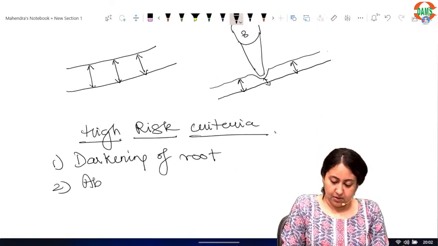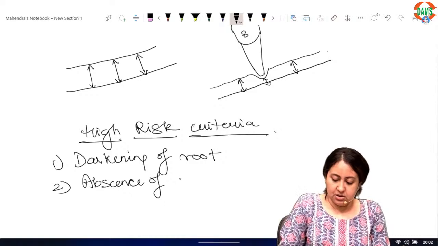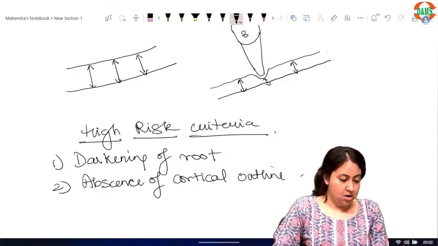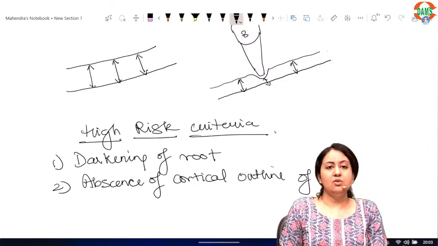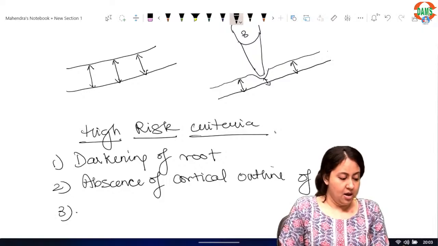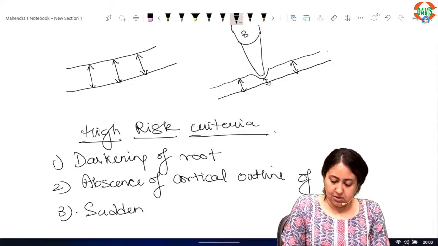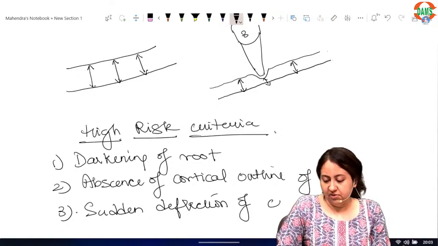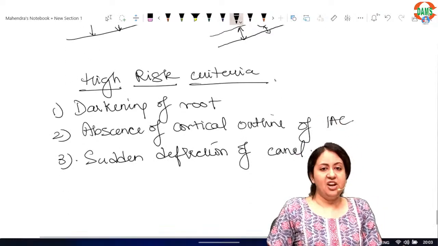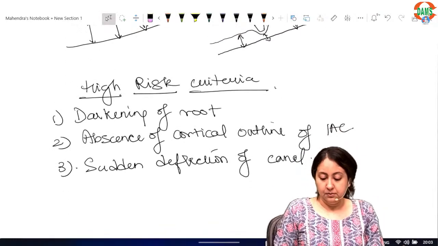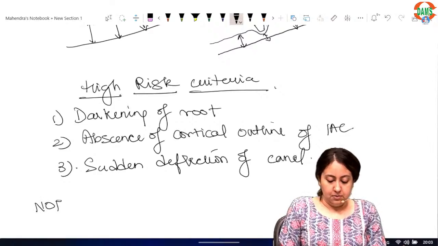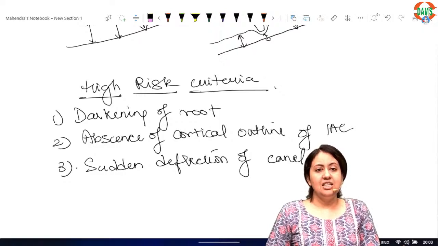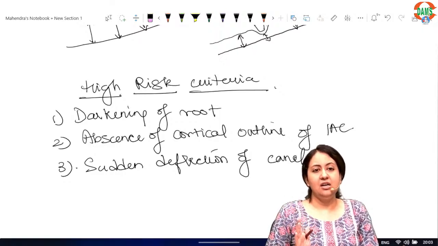Second one is absence of cortical outline of inferior alveolar canal, and third is sudden deflection of canal. Now please make a note. These are the high risk criteria. Now what do you mean by high risk criteria?